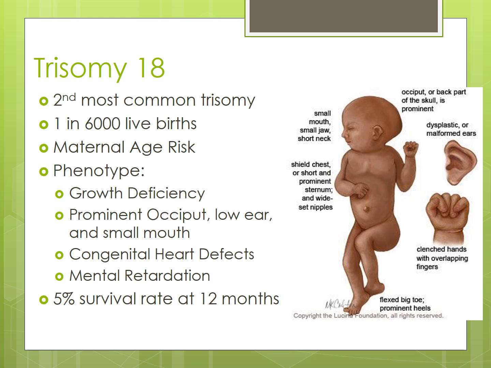Unfortunately for these individuals, trisomy 18 has a much higher mortality rate, in that only 5% of these babies born with it survive to the age of 12 months. So it is a very damaging and unfortunately very disastrous chromosomal abnormality to be afflicted with.